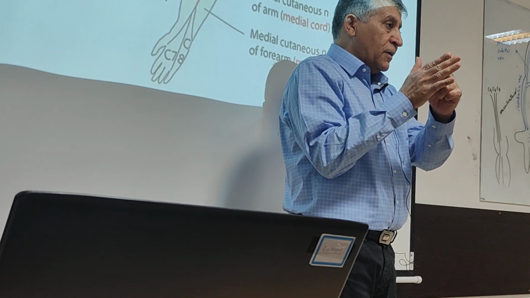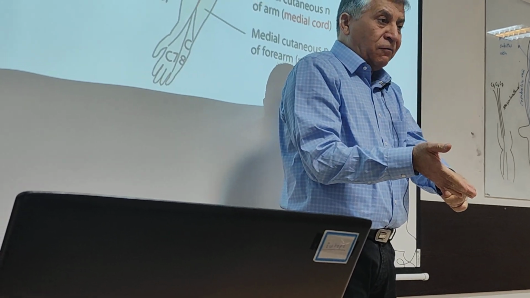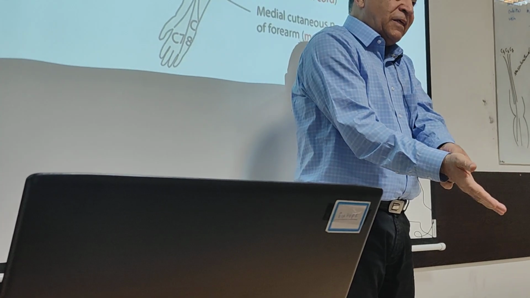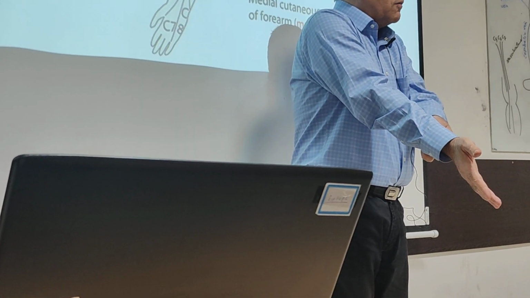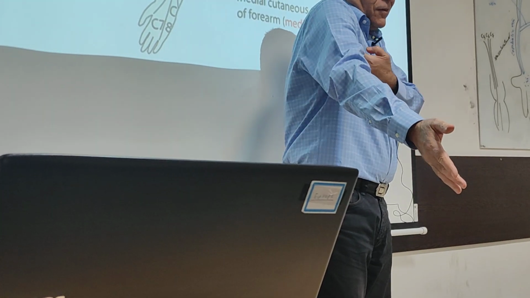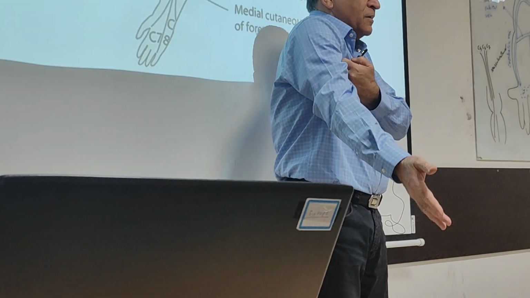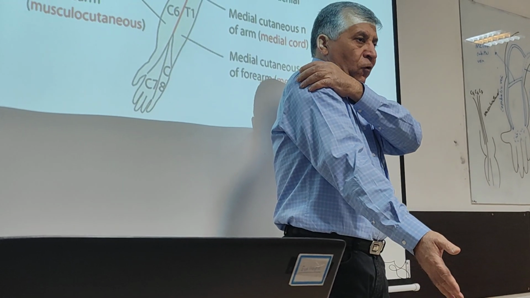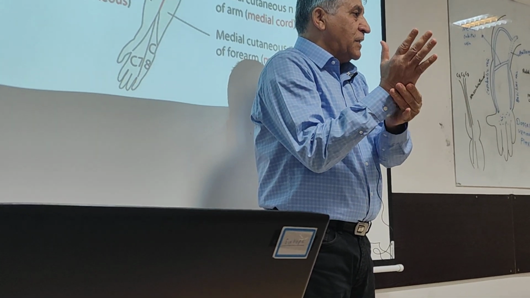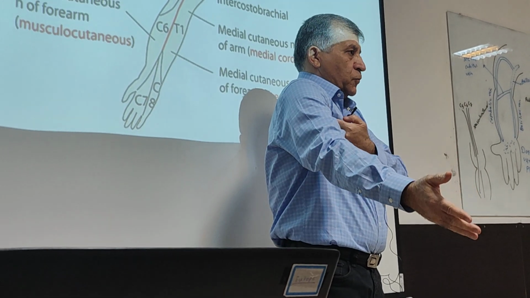The three middle fingers are innervated by C7. The little finger is innervated by C8. The medial side of the forearm is T1 and the armpit is T2. C4, C5, C6, C7, C8, T1, T2.